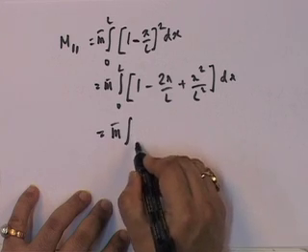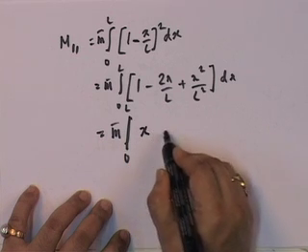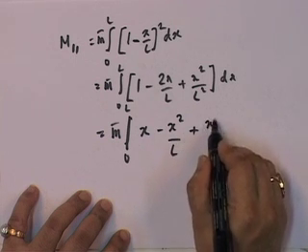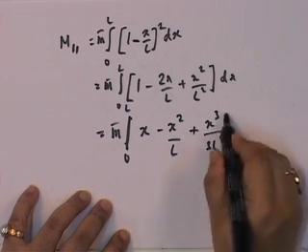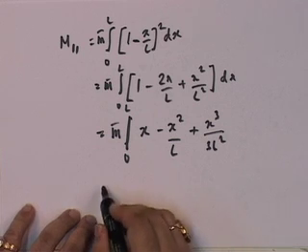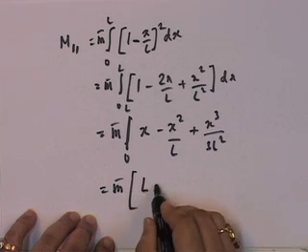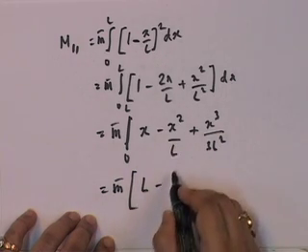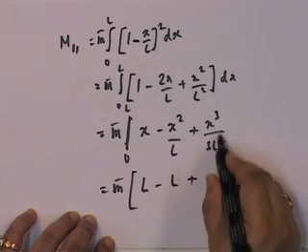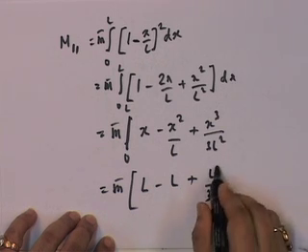So, this is going to be equal to m bar times the integral from 0 to L. This is going to be x, this is going to be x squared upon L, and this is going to be x cubed upon 3L squared. Between 0 and L, the lower limit gives 0 and the other has L. So, this becomes m bar, L minus L, and here I get L cubed upon 3L squared, which becomes L upon 3.